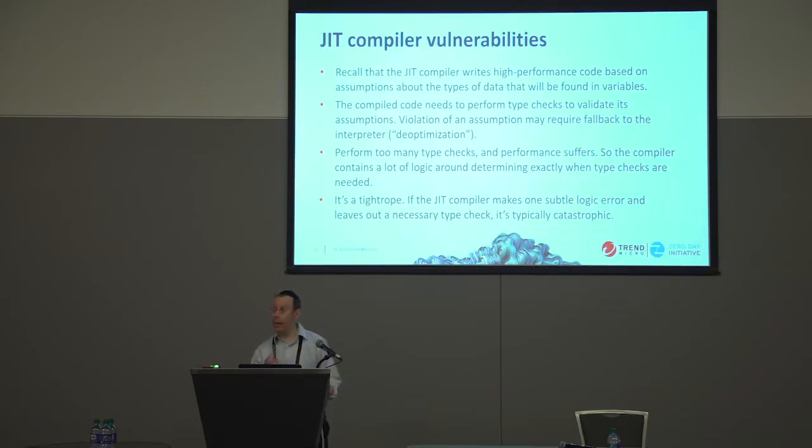So the compiler contains a lot of logic around determining exactly when type checks are needed. And it's a tightrope. If the JIT compiler makes one subtle logic error and leaves out a necessary type check, it's typically catastrophic. And I'm oversimplifying a bit here when I speak about type checks.